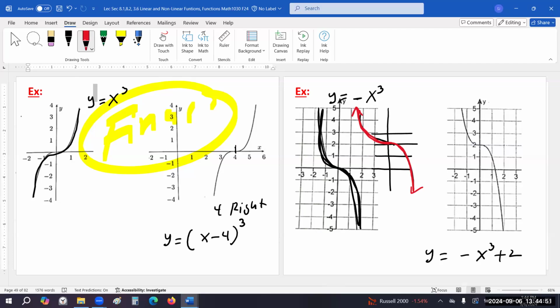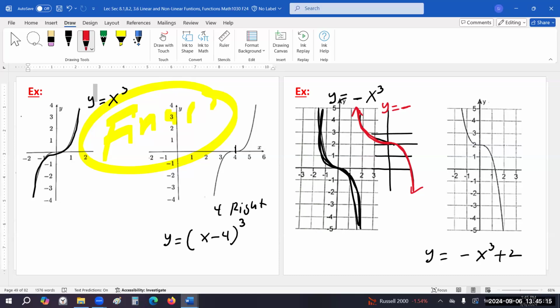It's negative x cubed. Negative x, definitely. So y equals negative. And then do we have only one transformation or two transformations this time? Two. So just read it. Instead of saying the number, just read it. From here, which direction are you going?